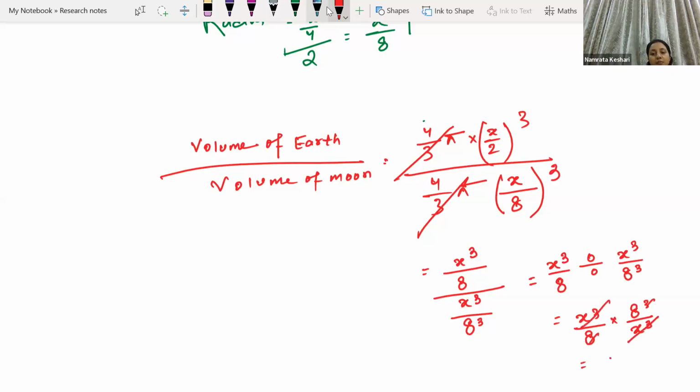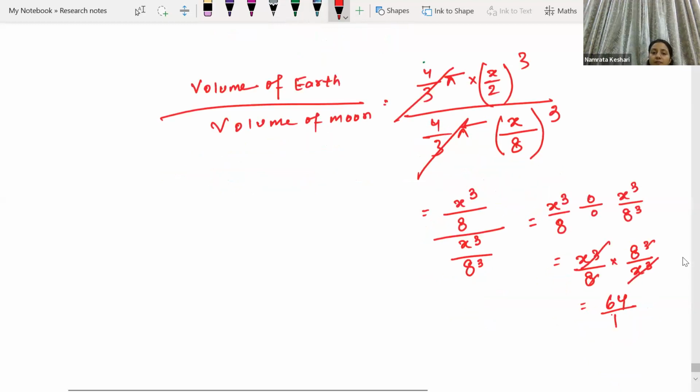That means 8 eights are 64. We are getting 64, or you can say 64 by 1. Are you getting it? Yes, ma'am. So I found volume of Earth by volume of Moon, that is 64 by 1.